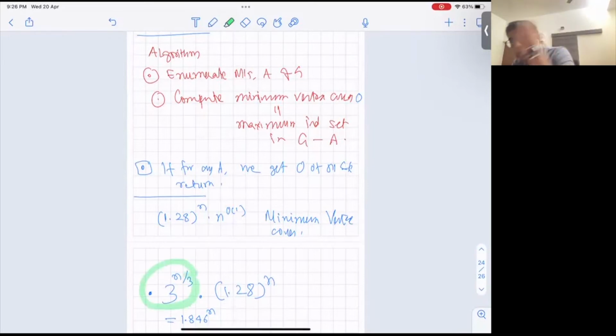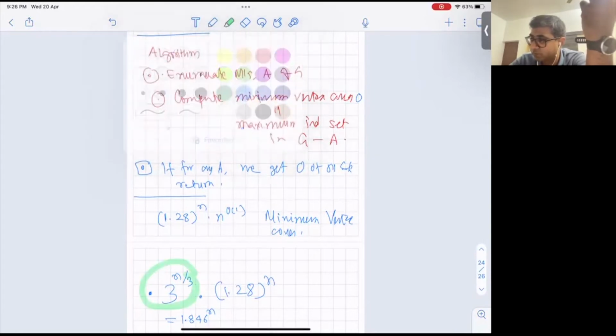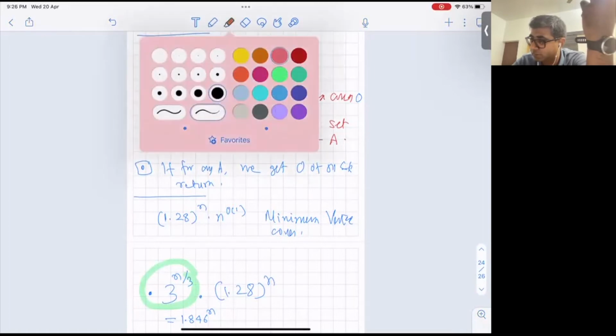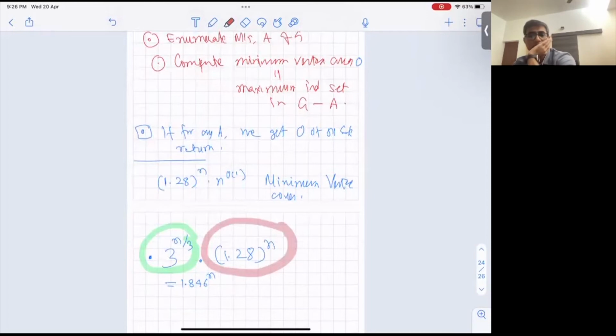And what is the second step? After I have deleted this maximal independent set, in the remaining graph, what is the algorithm's running time to compute a minimum vertex cover or maximum independent set? That is this time. And I just multiplied them to get this number.